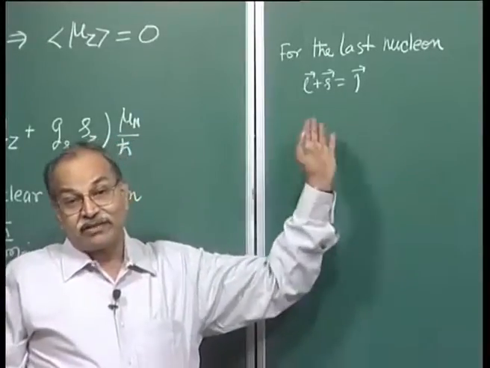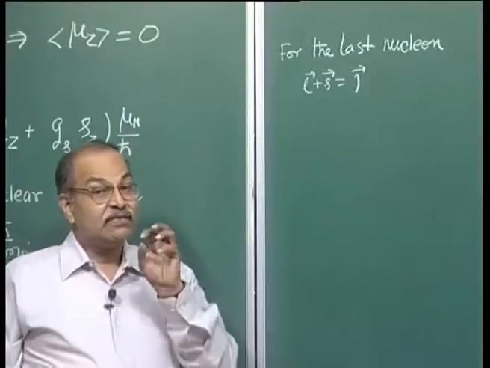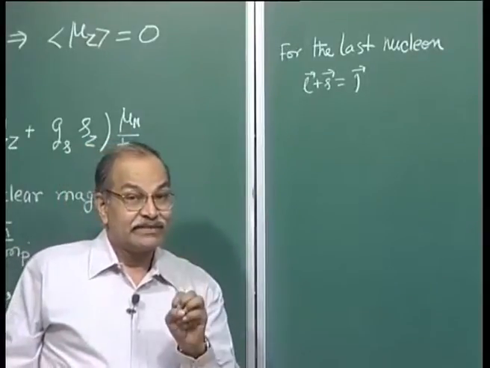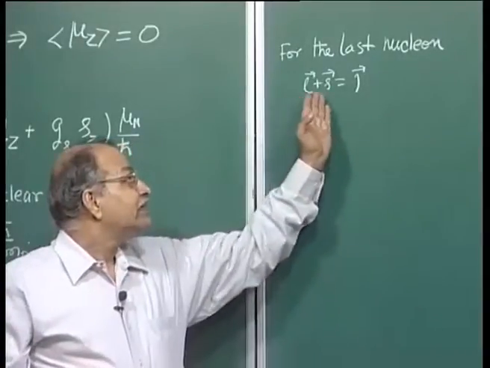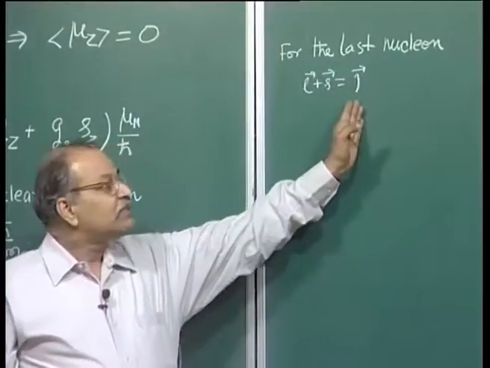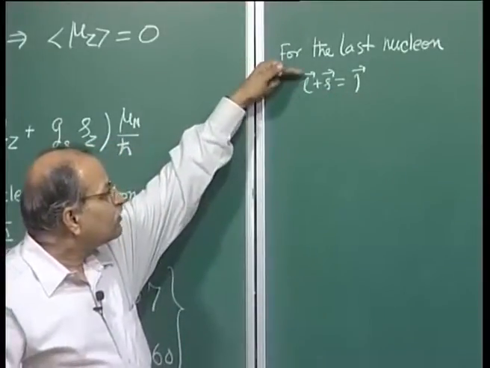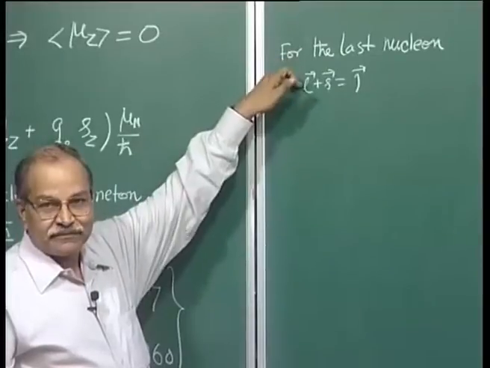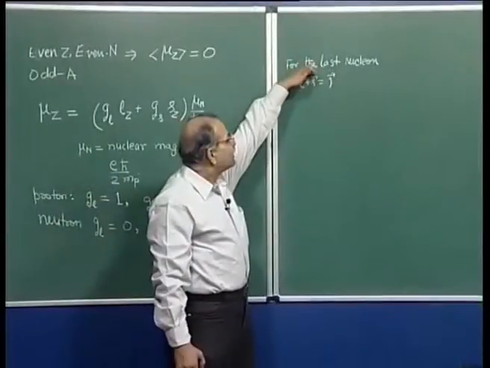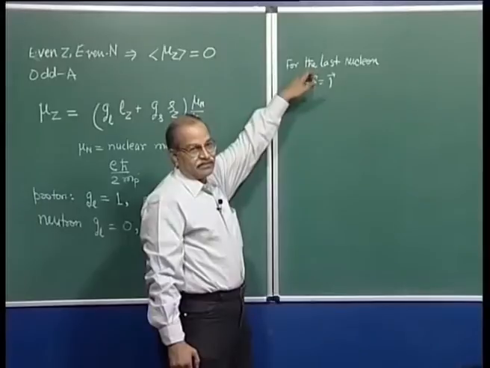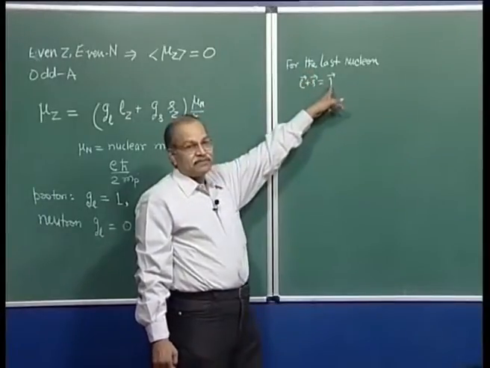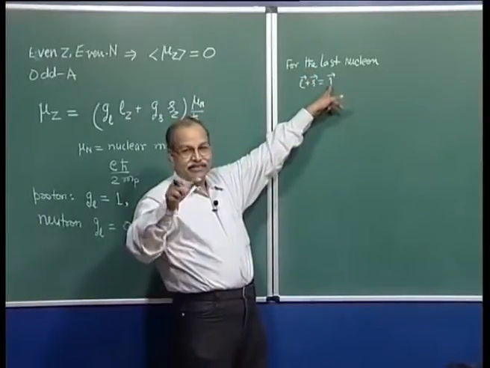So, that L dot S term is there, and once L dot S is there, it will combine L and S to J. That means the Z component of L is no more definite, the Z component of S is no more definite, but the Z component of J becomes definite, that is the LS coupling.